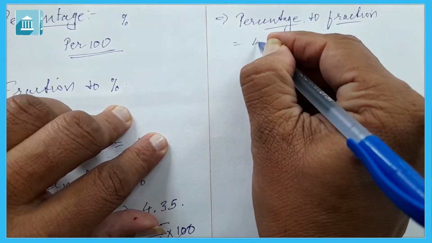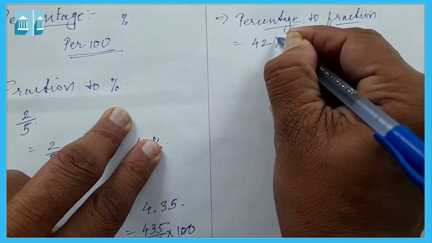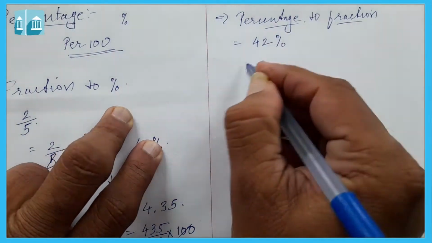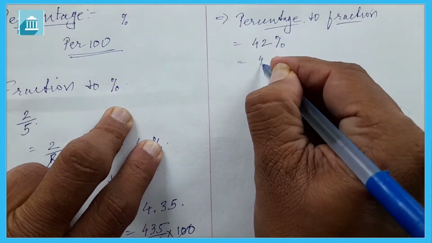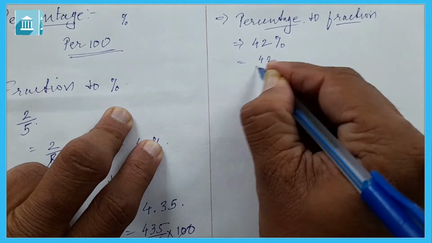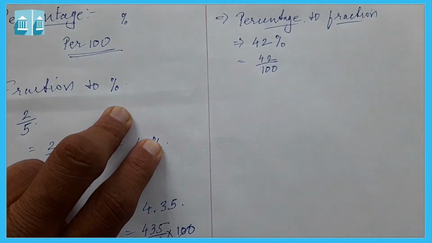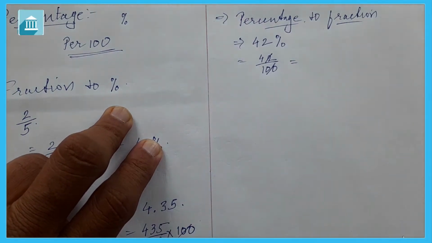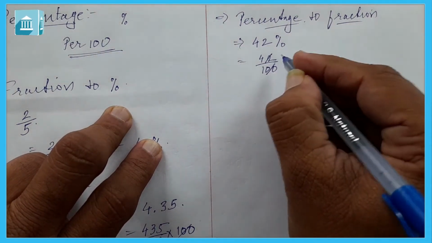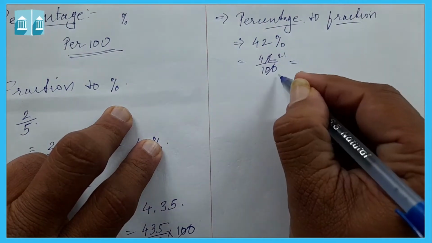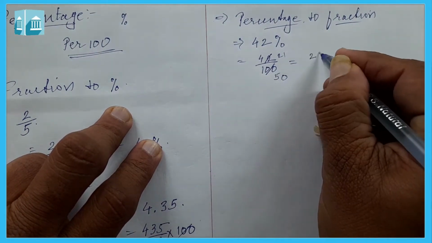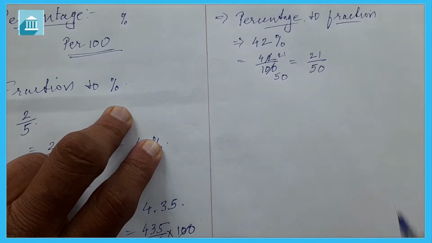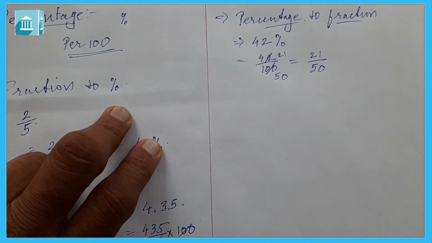For example, 42%. 42% means 42 upon 100. When we convert it into a fraction, it should always be in lowest terms. Dividing by 2, it will be 21 upon 50. So 42% as a fraction is 21 upon 50.